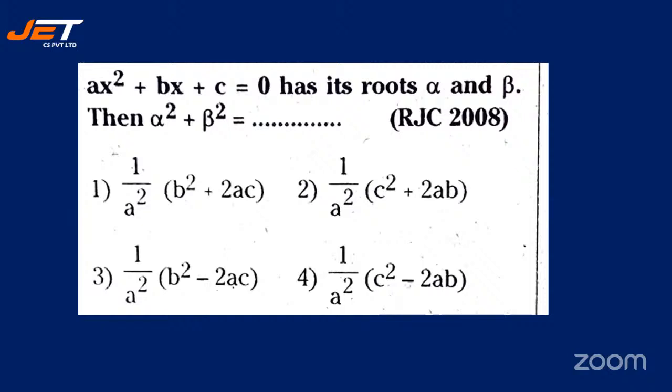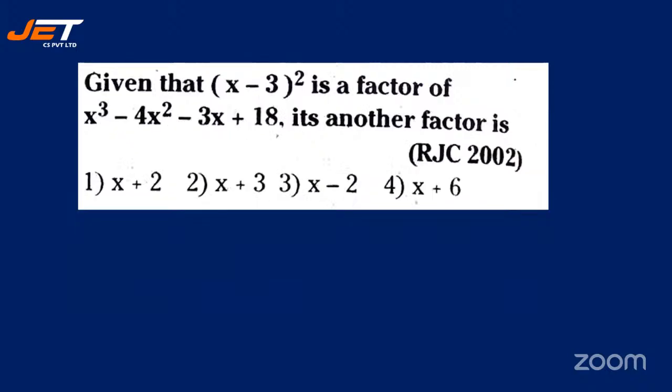All right, let's see the answer. It is 1 by a square into b square minus 2ac. All right, so if you had opted for option 3, then your answer is correct. Let's move on to the next question.